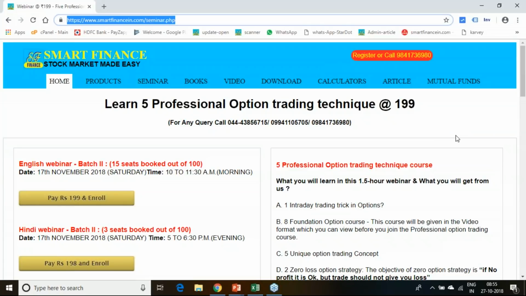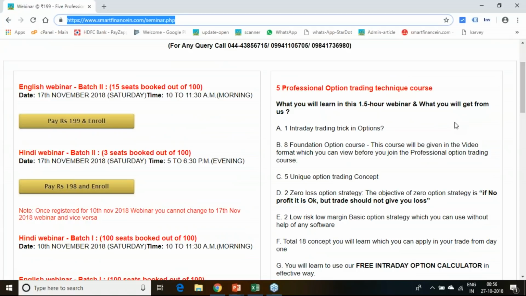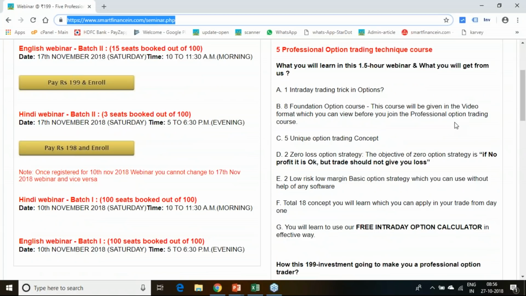It has nothing to do with theoretical concepts, theory to write an exam and clear it. This program is designed for the trader, and you as a trader need to know how to use all these option concepts in your trading. So this basic program is devised to address all those practicalities of the trade.